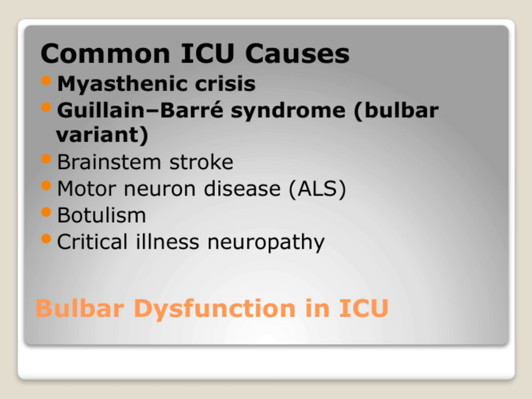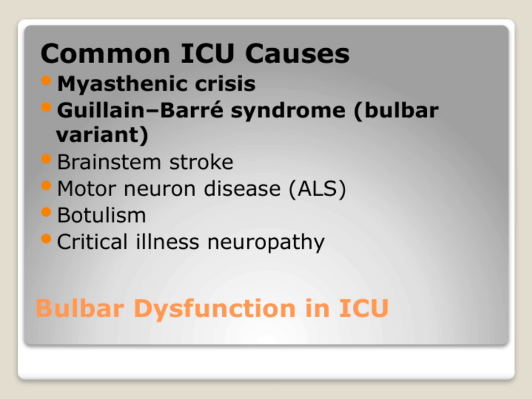Since the brainstem controls many vital functions, a stroke here can cause sudden bulbar symptoms along with other neurological deficits. Motor neuron disease, especially ALS or amyotrophic lateral sclerosis, leads to progressive degeneration of motor neurons, which gradually affects bulbar muscles, causing difficulty in speech, swallowing, and breathing over time.